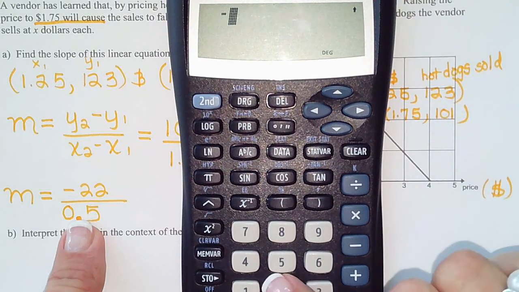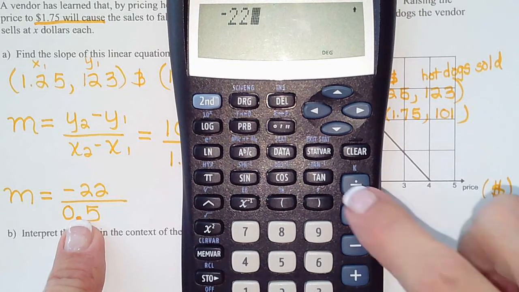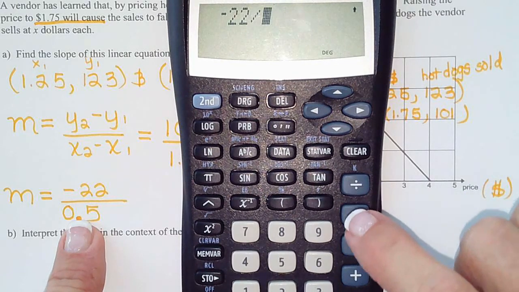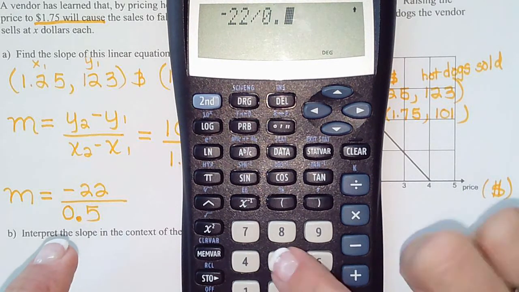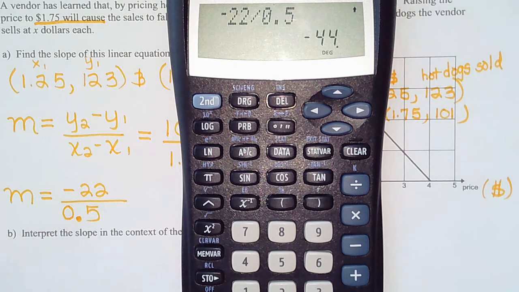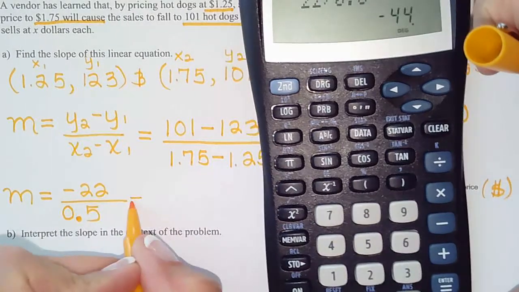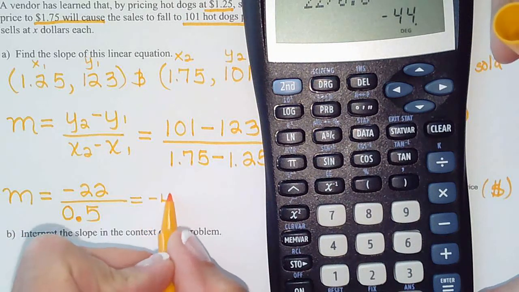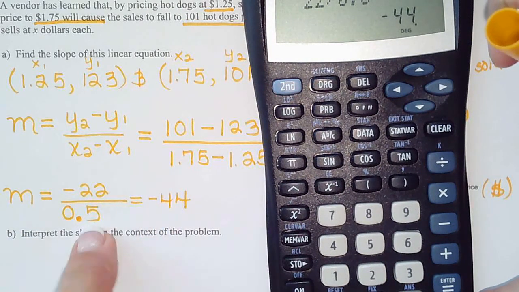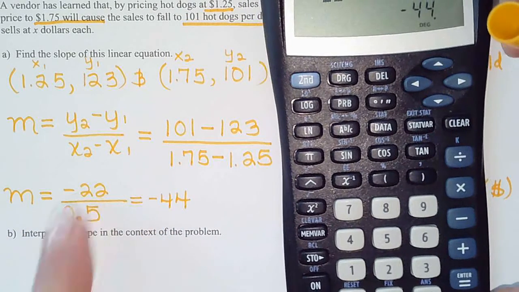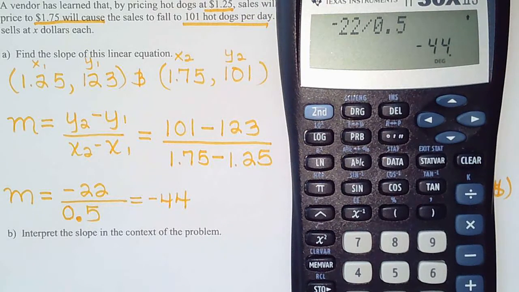So negative 22 divided by 0.5 is negative 44. And that makes sense because it wants to know how many 1/2s are in 22. Well, there's 2 halves in every one, so 2 times 22, 44.